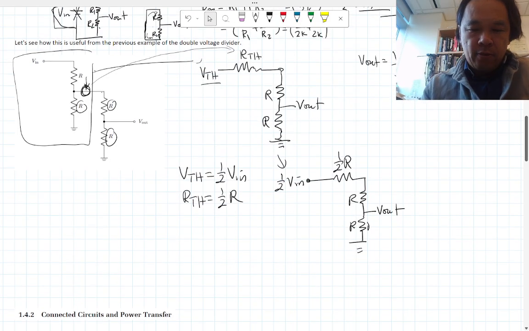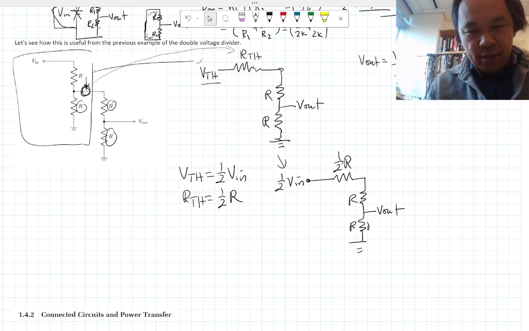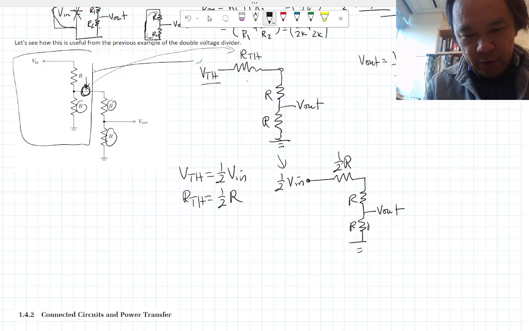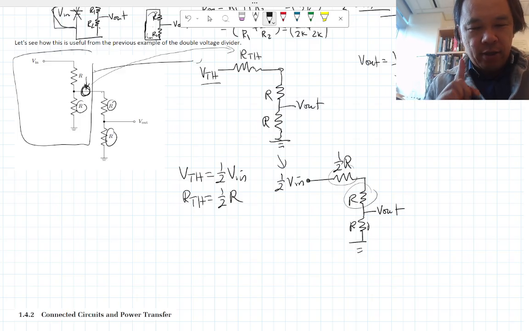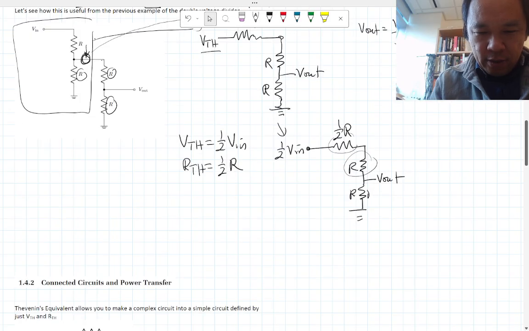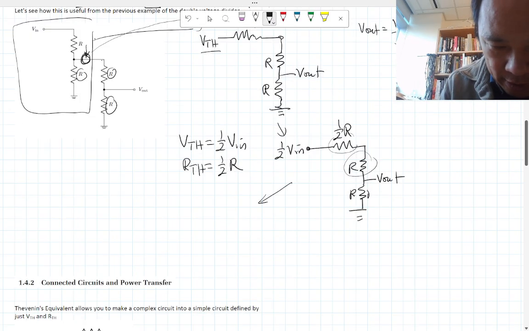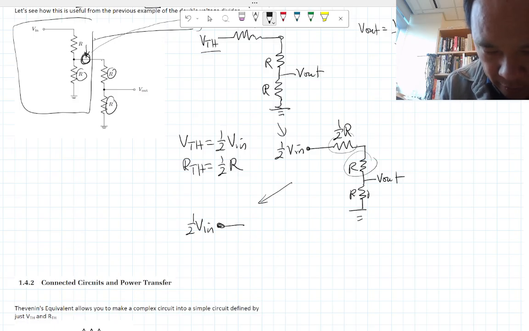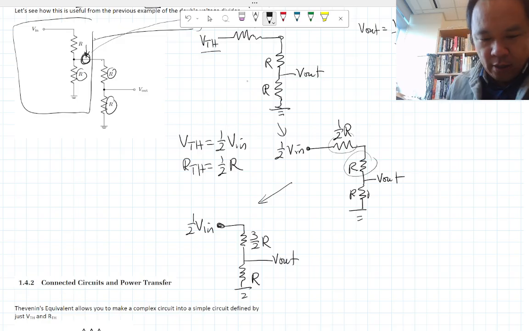We could do another Thevenin equivalent here if we wanted to, but this is almost a voltage divider, except there are just 2 resistors in series. So this is equivalent to 1/2 V in as your input, and this is 1/2 plus 1 because they're in series, which is 3/2 R. Down here is R, and then you have V out, so that's just a copy.